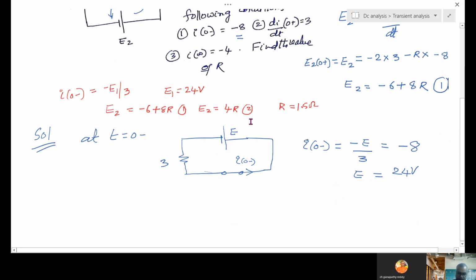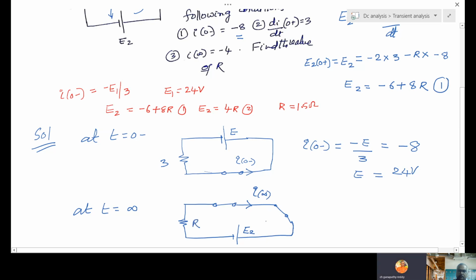Therefore at t equal to infinite, steady state, the inductor is short, but the switch is connected to B. This is E2, and this is I infinite.